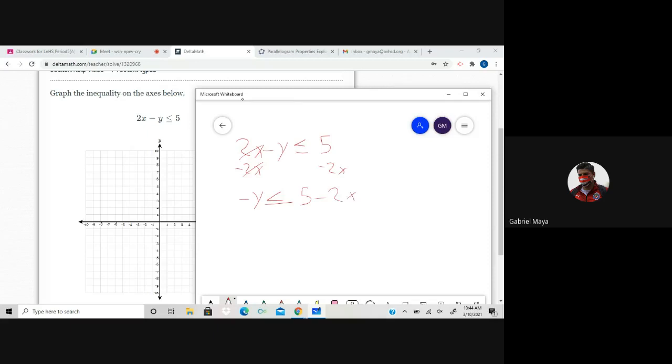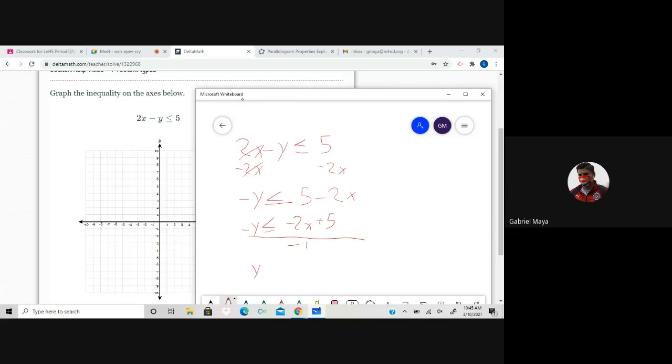We want to swap these around. So let's make it negative 2x plus 5. And we don't want this y to be negative. So we're going to divide the entire equation by negative 1. And when we do that, we're going to have y.